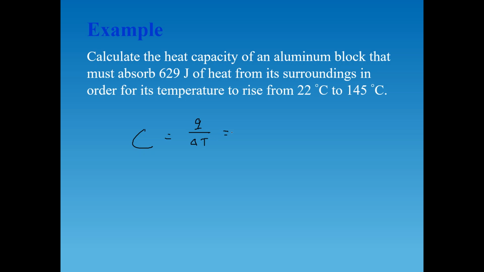So basically, we just put the numbers in. Now Q is still going to be 629 joules, and delta T would be the change in temperature, and the change in temperature will be the final temperature minus the initial. That's basically what we do in all cases. Any change in temperature will be the final temperature minus the initial temperature, all right?